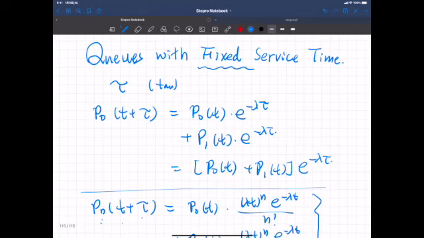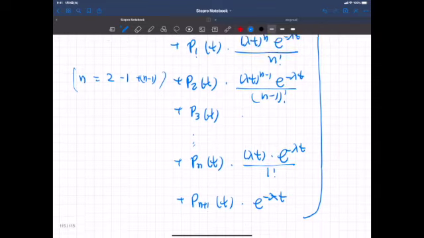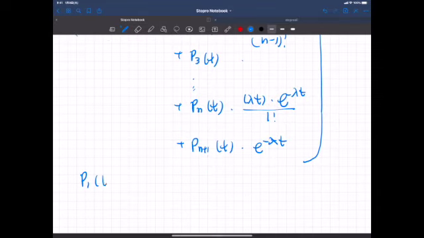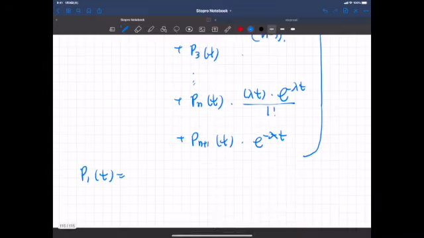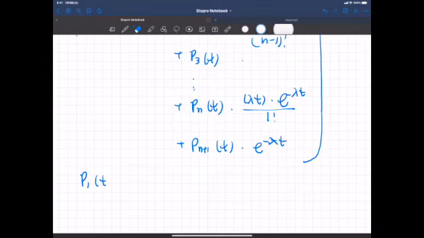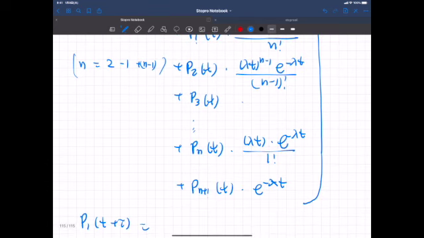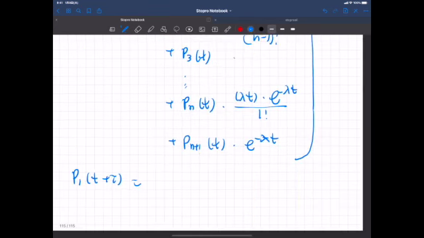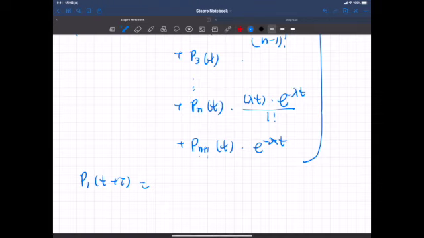So P0 is this, and if we plug n equal to 1 into this formula, you should have, so this is n, and this will be up to n plus 1, so there should be P0 times something plus P1 times something, and up to P2 times something.